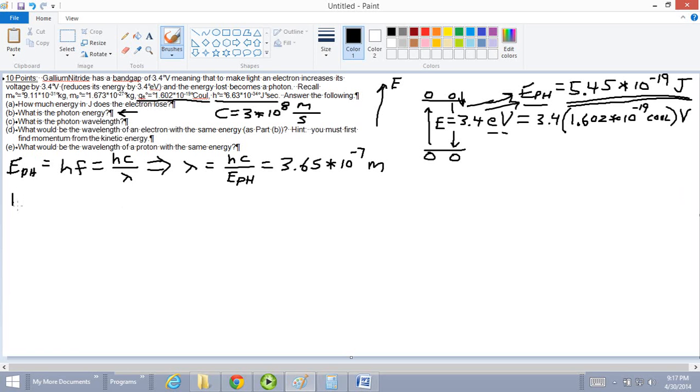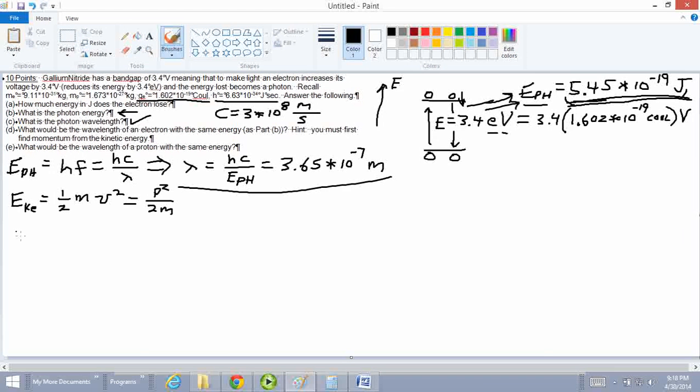Okay, so that is part A. Part B, or excuse me, that's part C. What is the photon wavelength? There we go. Now, what would be the wavelength of an electron? If an electron had this much energy, ignoring relativistic effects, what would be its wavelength? So the kinetic energy of an electron is 1/2 mv squared, or momentum squared over 2m.